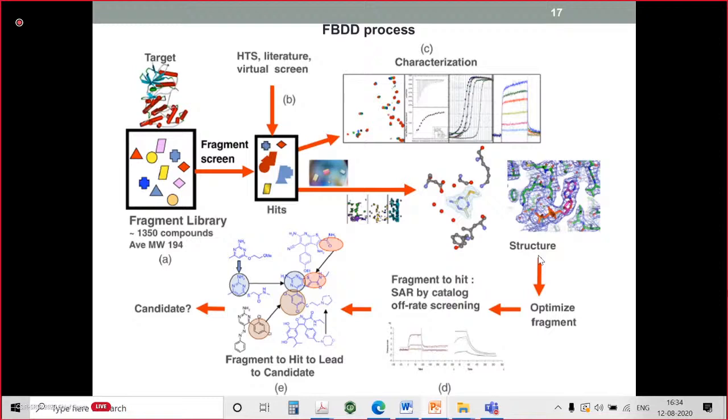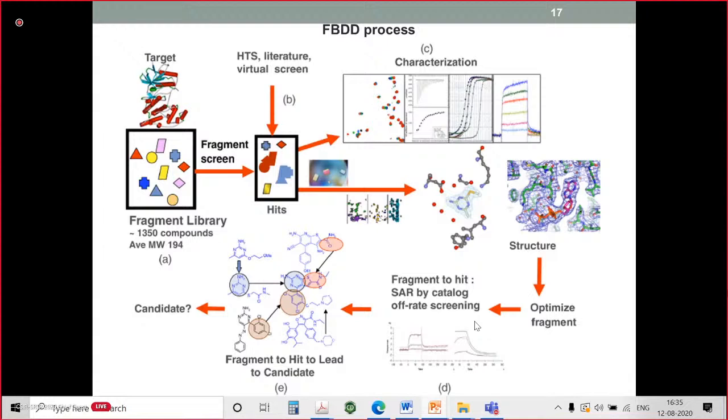Better means lesser, okay? A dissociation constant which is less means tightly bound. In a later stage, these fragments to hit are also optimized based on the SAR by catalog. In this case, whatever commercially available molecules are there, which have similarity and some efficacy, are used as the fragment to convert into the hit molecule.